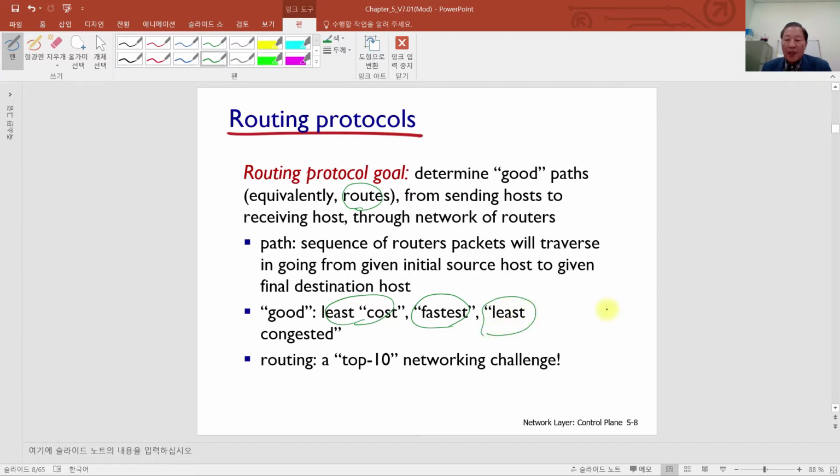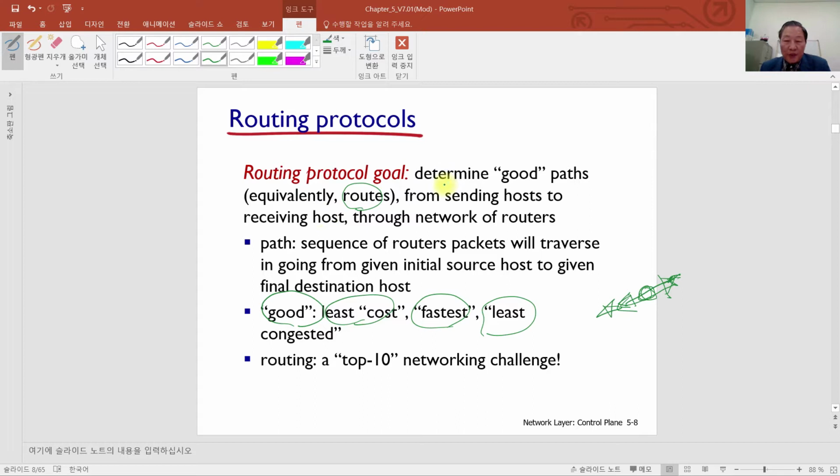Think about a good path in our journey or travel: the shortest distance from this city to the next city, or the trip or traveling time, or, if we are driving, the toll gate fee, if that is the least one. Depending upon our aspects, our metric, it will be different. The meaning of goodness may be different.